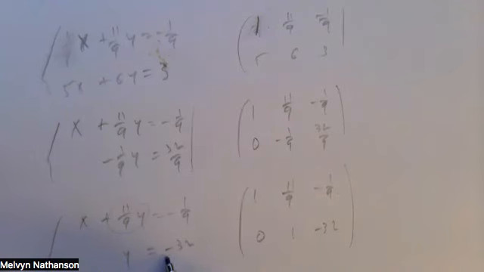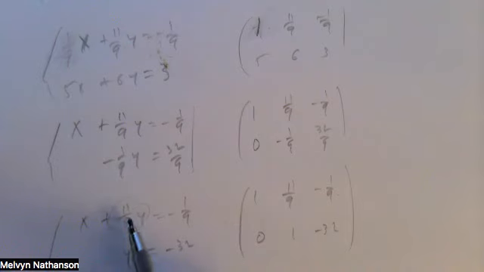I multiply the second equation by 11 over 9 and subtract it from the first. I get x, 11 over 9 minus 11 over 9, minus 1 over 9, plus 11 times 32 over 9, which is 351 over 9, 39.